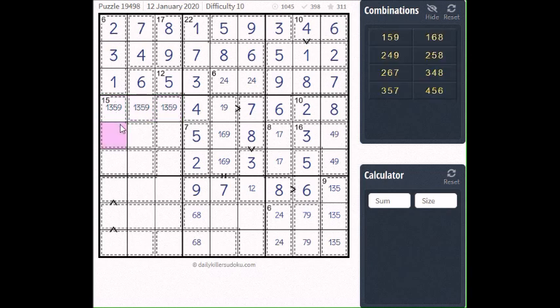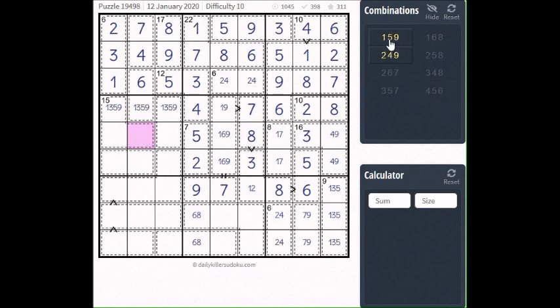This 15 does not include an 8. It cannot be 2 6 7 because this is 1 3 5 or 9. It cannot include 3 and 5 together. It cannot be 4 5 6 because note that the 4 and 6 and the 5 prevent any one of them to be in this cell.